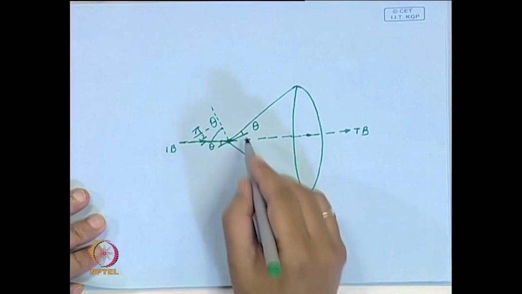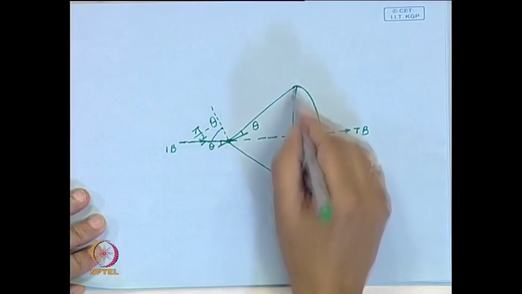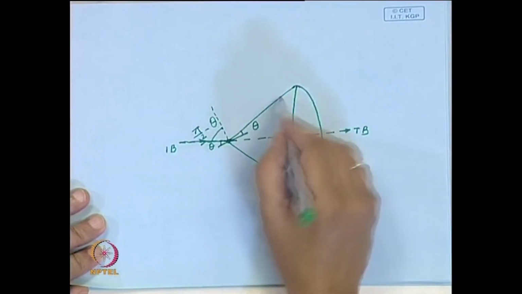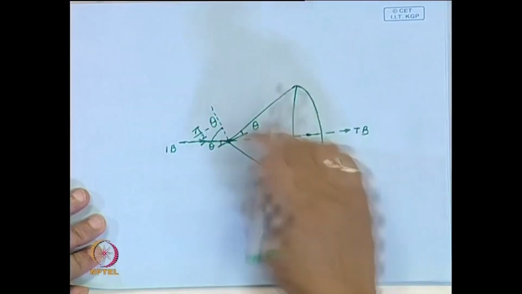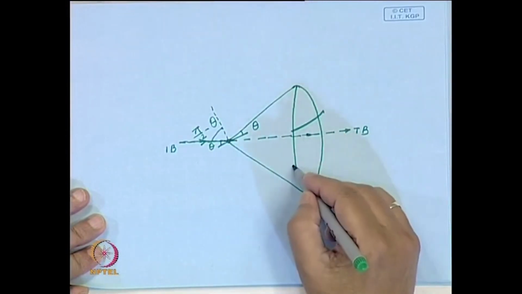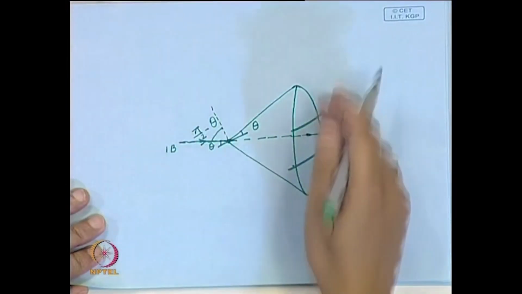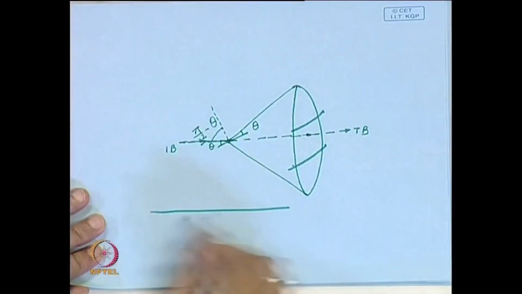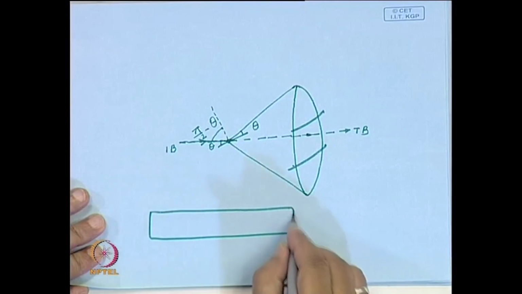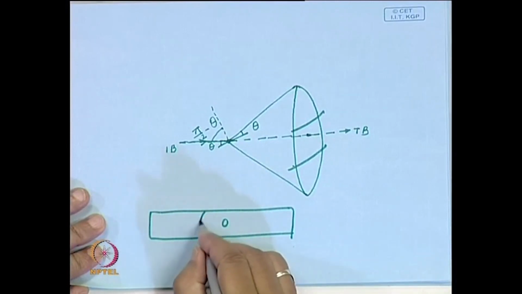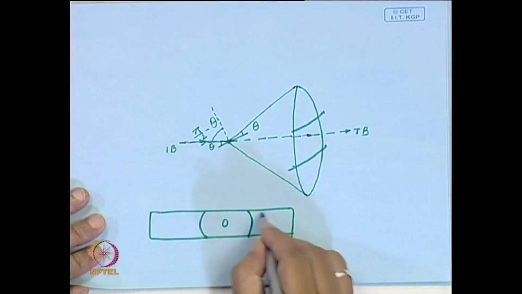In a powder diffraction pattern, the diffracted beam comes in the form of a cone, which is something like this. If you put a film surrounding it, you will get diffracted lines like this, with this being the transmitted beam.